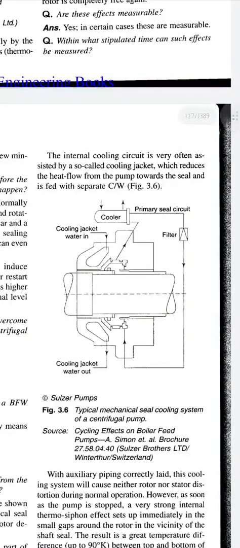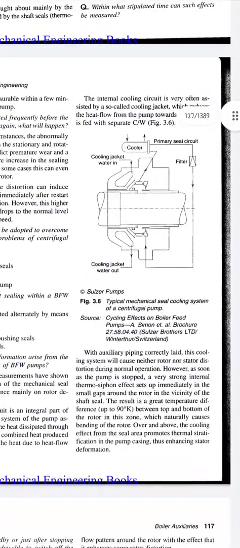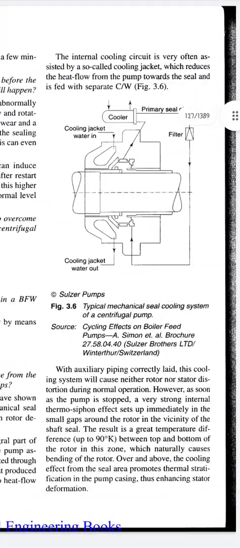The cooler is available at the top of the diagram. The primary seal circuit is also available with the filter. So this is the description of a typical mechanical seal cooling system of a centrifugal pump.